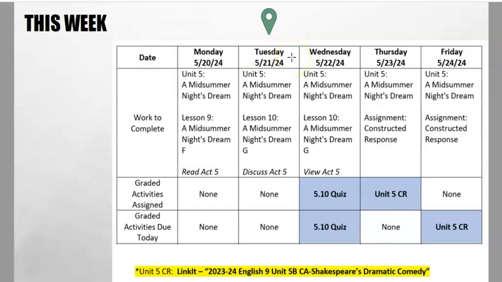Today, Tuesday the 21st, we're going to start Lesson 10, and we'll discuss Act 5. Tomorrow, Wednesday the 22nd, we're going to finish Lesson 10, and we'll watch Act 5, and we'll take the 5.10 quiz. Thursday and Friday, the 23rd and the 24th, we'll work on the assignment constructed response. You'll complete the Unit 5 CR in Linkit.